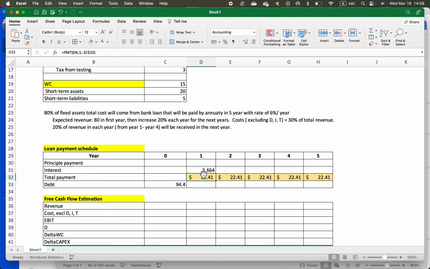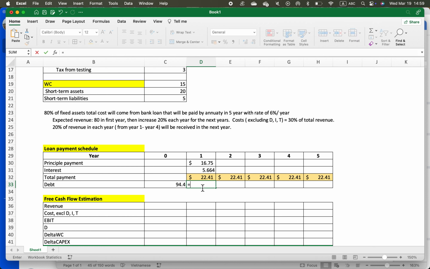6%. And how about the next interest? Okay, before we calculate the next interest, we calculate the principal payment in the first year. It's going to be total payment minus interest payment. Then we have to calculate the debt remaining after we make the first principal payment.